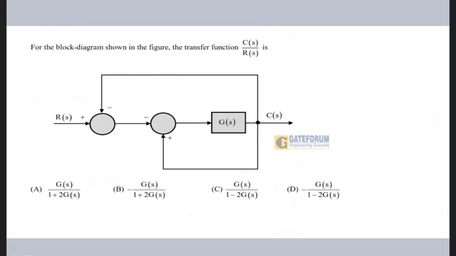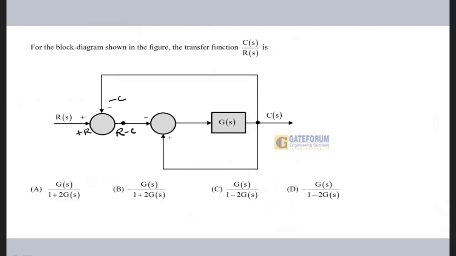So the most basic method to do this question is, you can consider that c is coming here, output is coming here, and r is coming here. So this is minus c and this is plus r. So this particular part I am getting as r minus c.